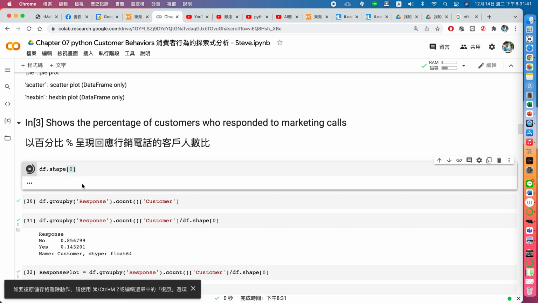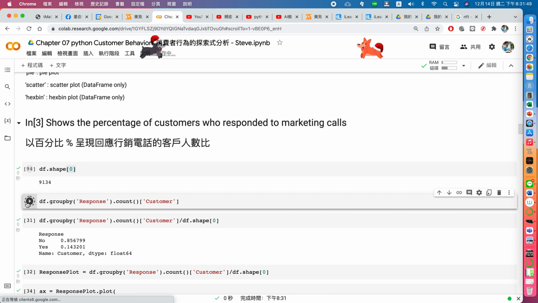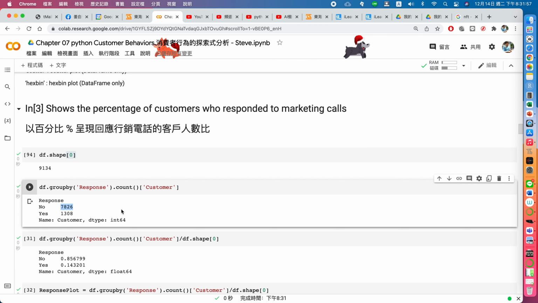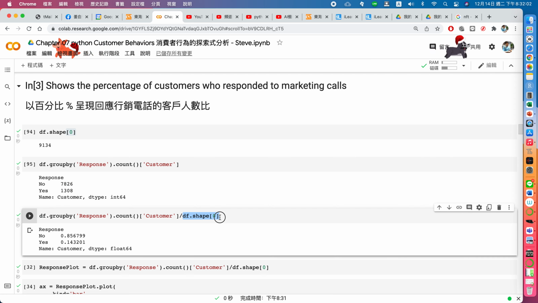Okay, so here shows the rows for the column for the customers. Here we show the response for each label. We have done it before, and we divide by df shape index 0, so we get the percentage for the conversion rate, right?